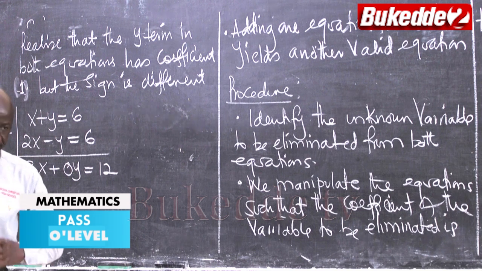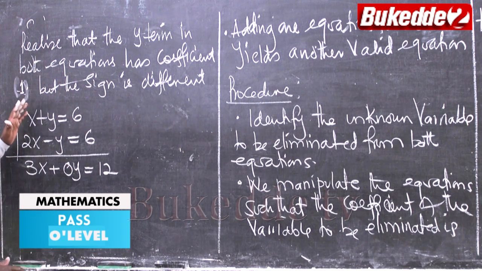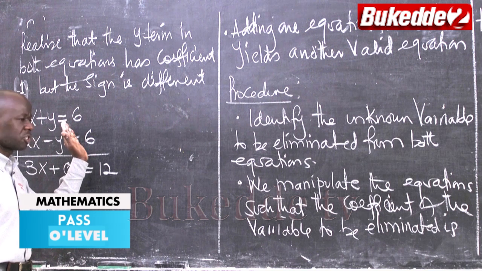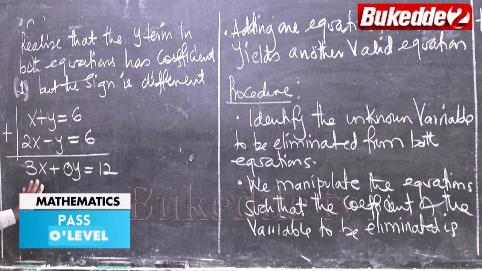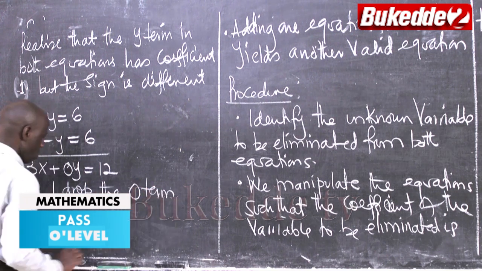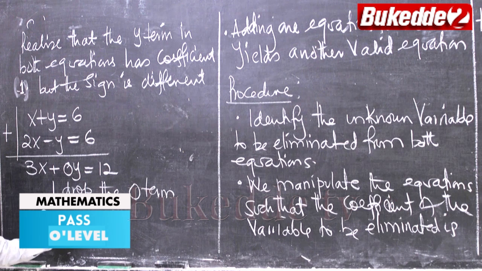Now this is what we say, that when we add one equation to the other on the left, and we do the same to the constants on the right, the resulting expression is true. It holds true. So what we do next is drop the 0 term. Now when you do so, you're going to have 3x is equal to 12.